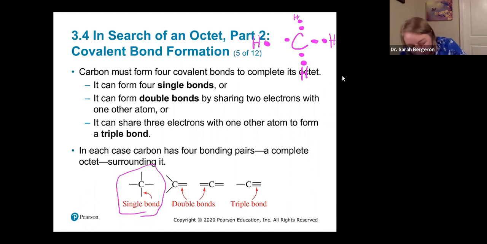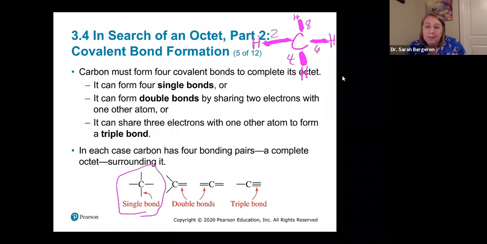And so we can turn these shared electrons into bonds because they're sharing those electrons. So now I have carbon with 4 single bonds, each single bond to a hydrogen. Does carbon have an octet in its valence electrons? Yes, because the bond counts for 2. So I go 2, 4, 6, 8.